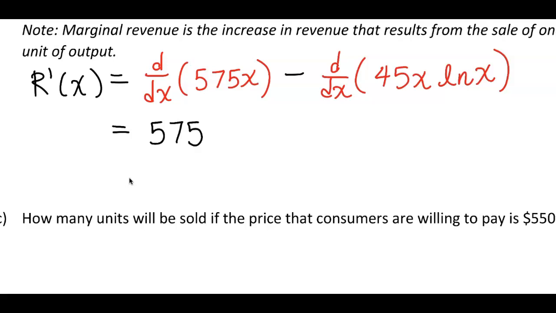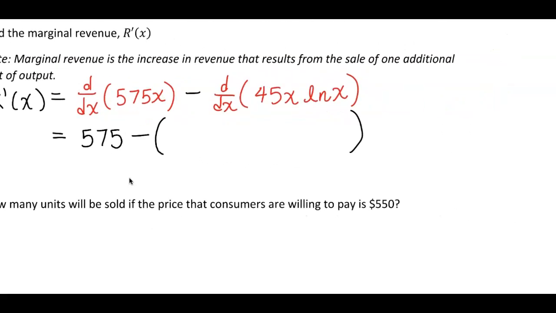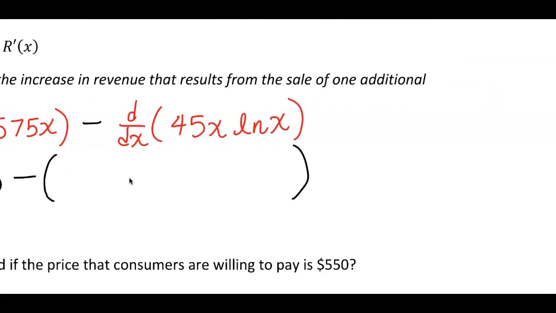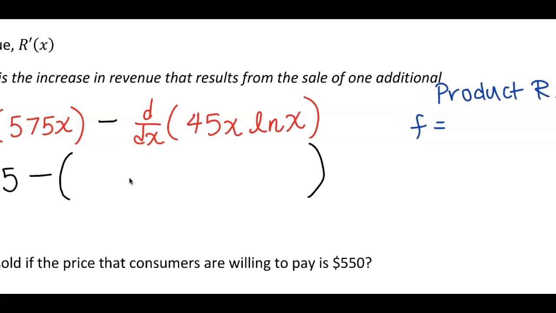For the second part, I would like to use the product rule. I'll put the minus sign here, and I will put my product rule pieces inside this gigantic parenthesis. You know why I'm doing product rule? Because I see pieces. Hey, how about we pull this 45 out to the front?